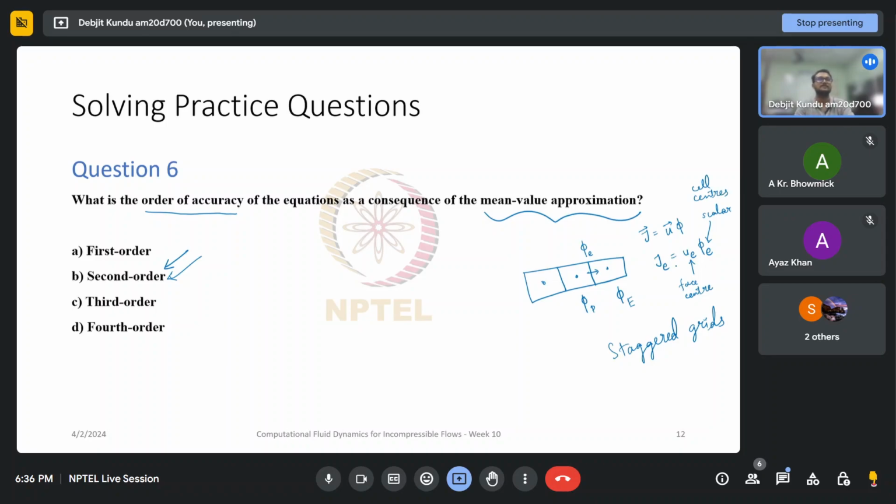So here what is done is that phi E is approximated as the half of phi P plus phi capital E, which is its two neighbors basically. So we are assuming that if there is a difference between the two, then the difference is linear. That's all. So as a consequence of this approximation, what is the order of accuracy of the conservation equations that we get?